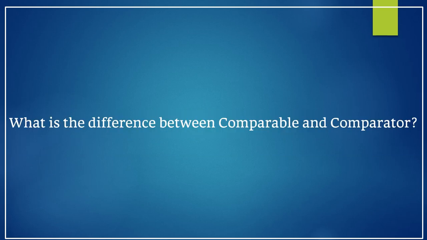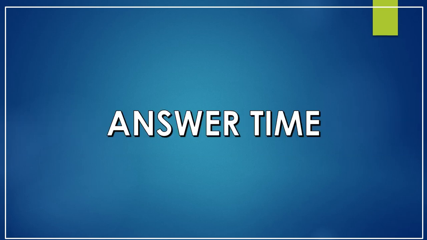What is the difference between comparable and comparator? Comparable uses the natural order for sorting. Comparator uses the user-defined custom order for sorting. Comparable has one single method called compareTo. Comparator has two major methods, one is equals, one is compare.